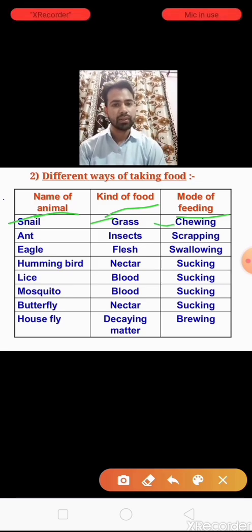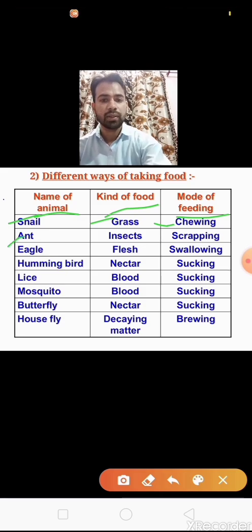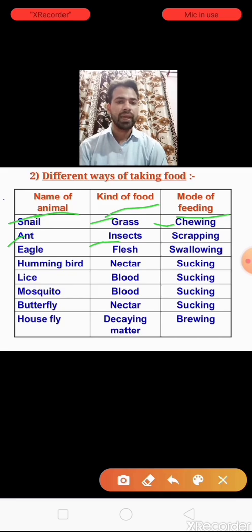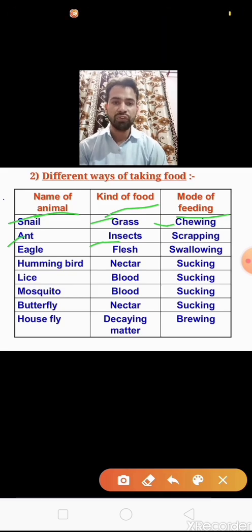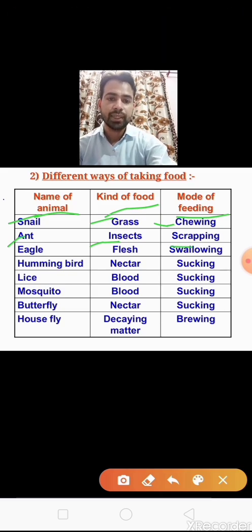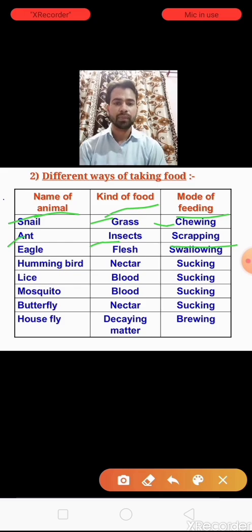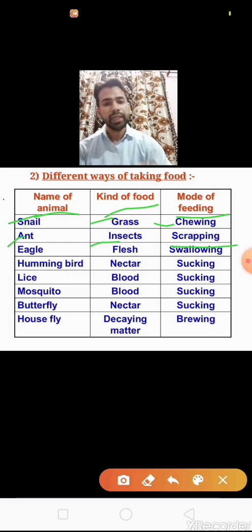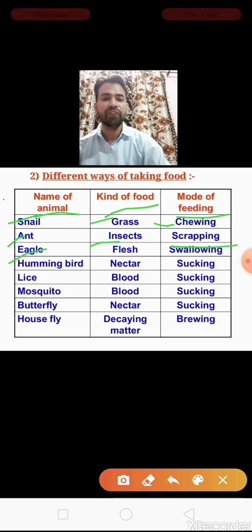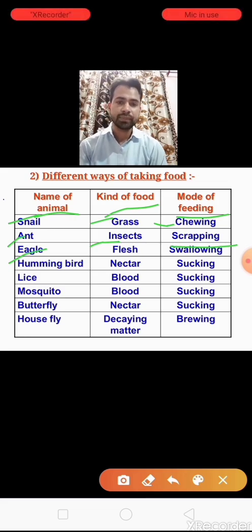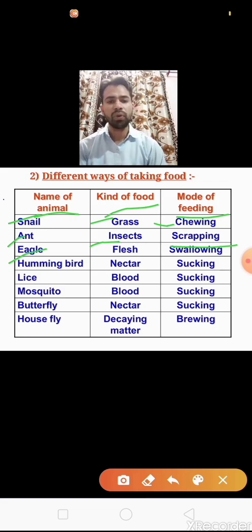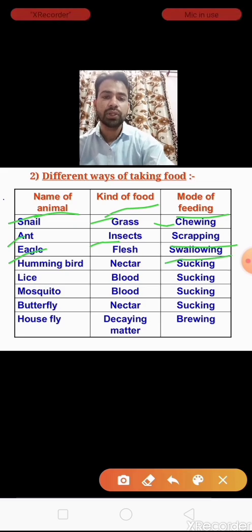Okay, ant, they take insects as food, and the mode of feeding is scraping. Okay, eagle, they eat flesh of other animals, and the mode of feeding is swallowing.